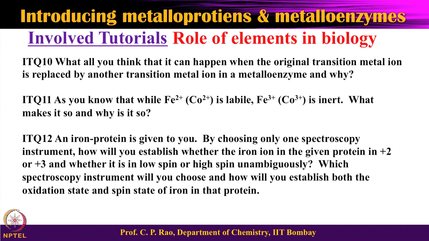Which spectroscopy instrument will you choose, and how will you establish both the oxidation state and spin state of the ion in that protein? I am sure I have already answered this earlier: it is Mössbauer spectroscopy, based on the isomer shift and quadrupolar coupling. You can look back at the earlier material.